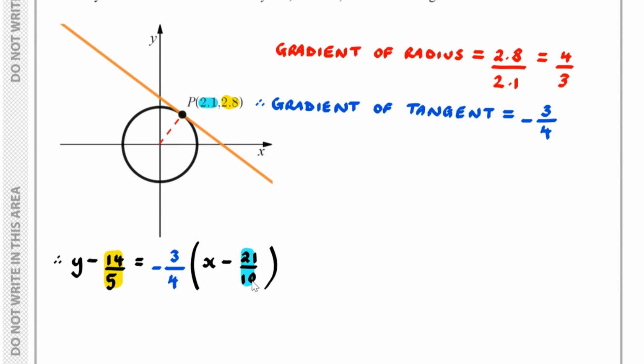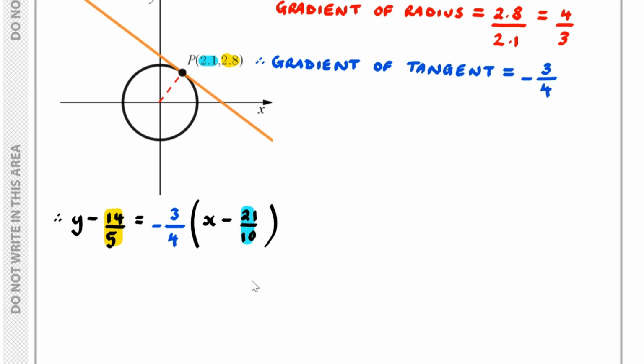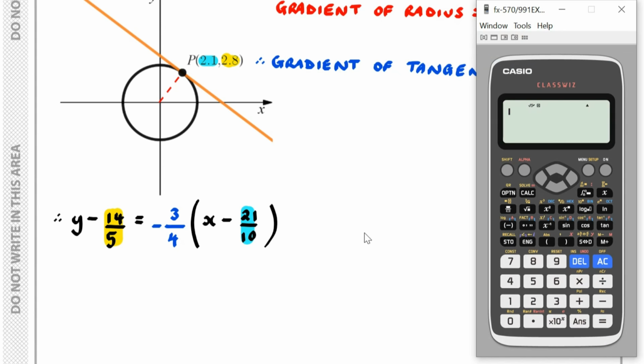So now we need to simplify all this in an integer form. Now, first of all, let's multiply through by 4. So that means I would have 4y subtract, well, here I would have 14/5 times by 4, which is 56/5.